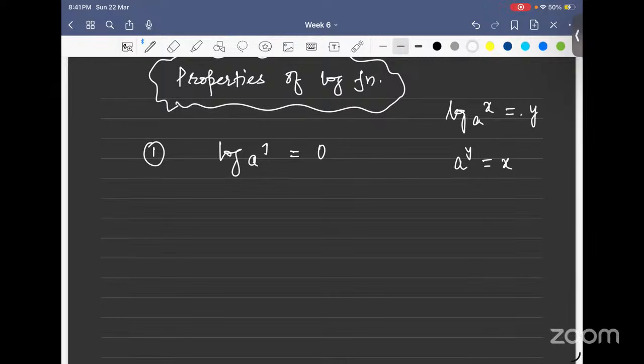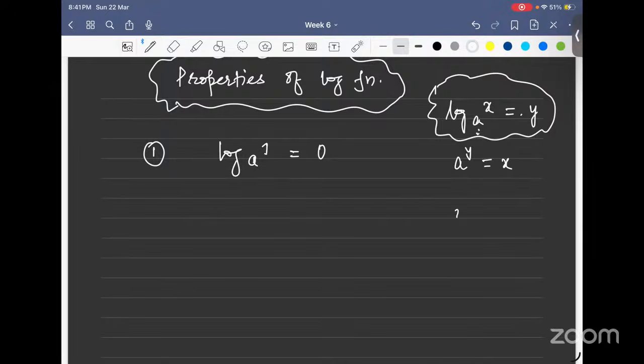So if any logarithm function has been given to you, logarithm of x base a equals y, the simplification for that is, due to the inverse of the exponential function, that whatever base has been given to you, you put it as the base, y as the exponent of that base, and then equate it to x. So the logarithm of a number to some base is the exponent by which the base must be raised in order to obtain that number.